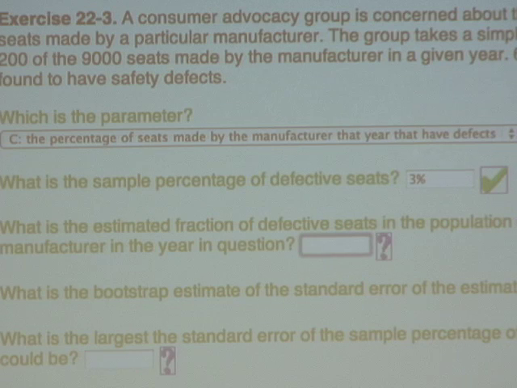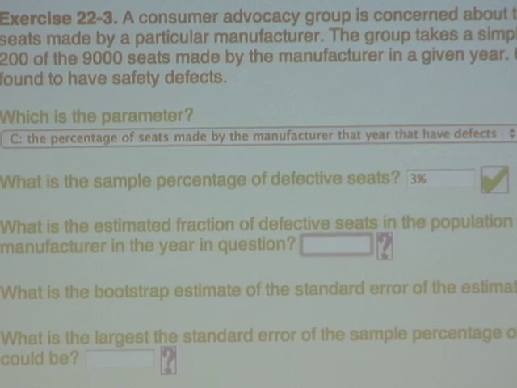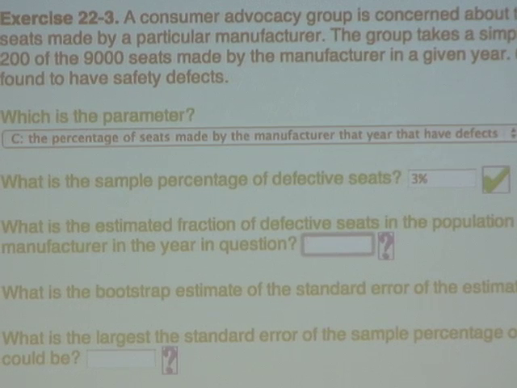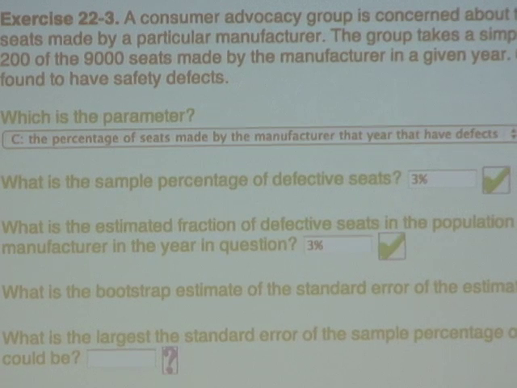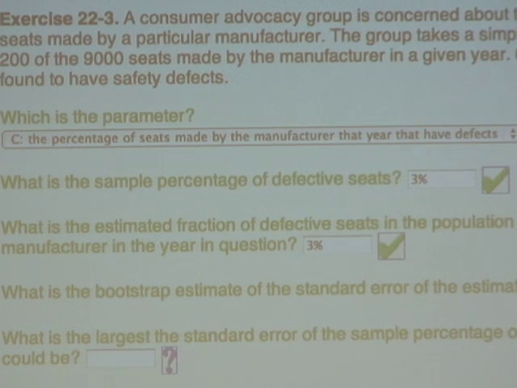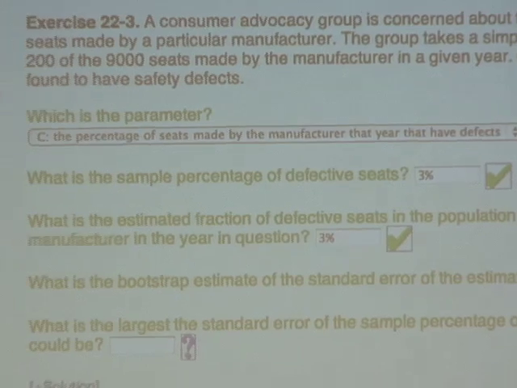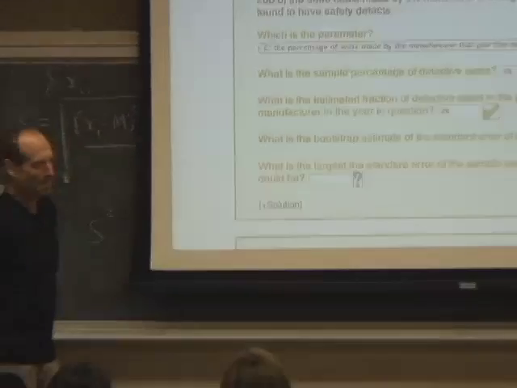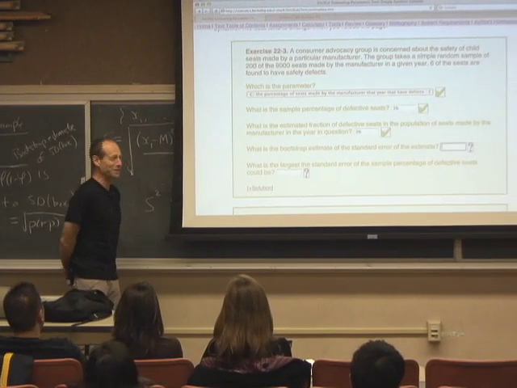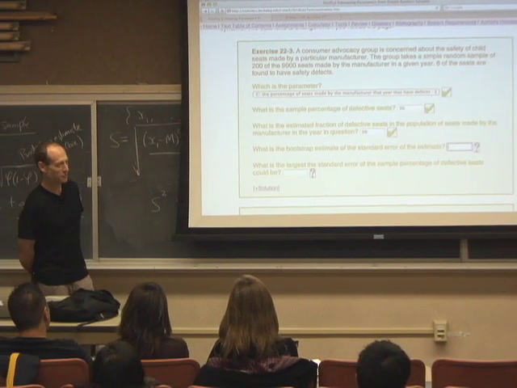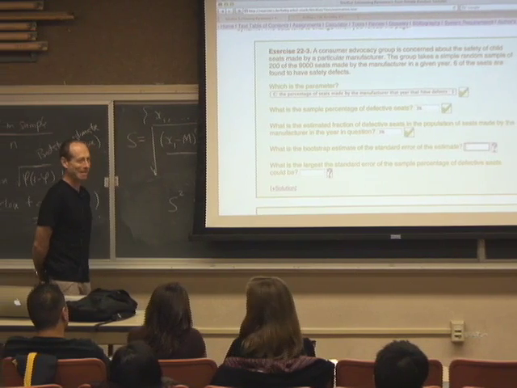We have the sample percentage. The sample percentage is a nice unbiased estimate of the population percentage. So why don't we use the sample percentage? How about 3%? That's kind of why we're calculating the sample percentage. We're calculating it to estimate the population percentage, and that's our best guess based on the sample.